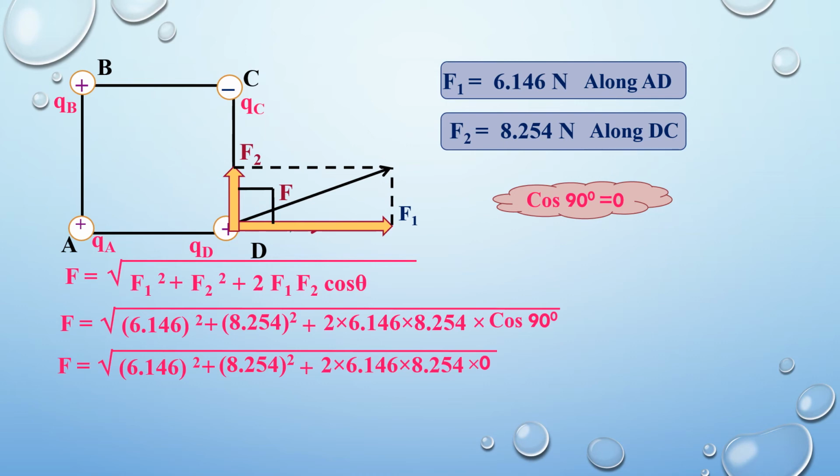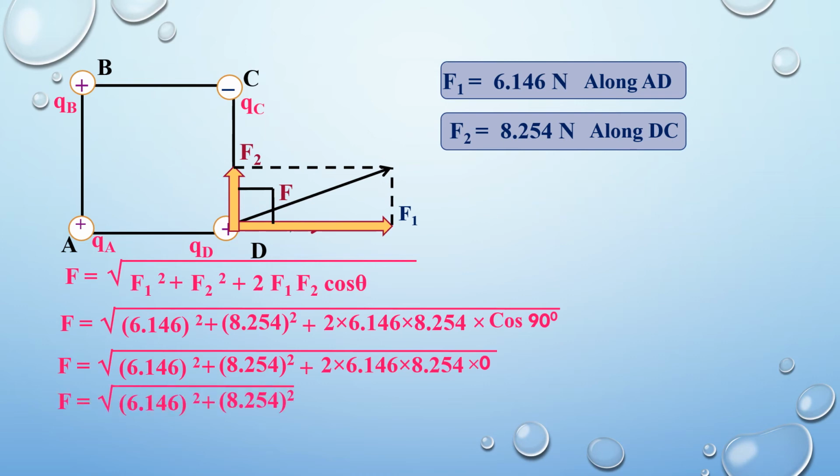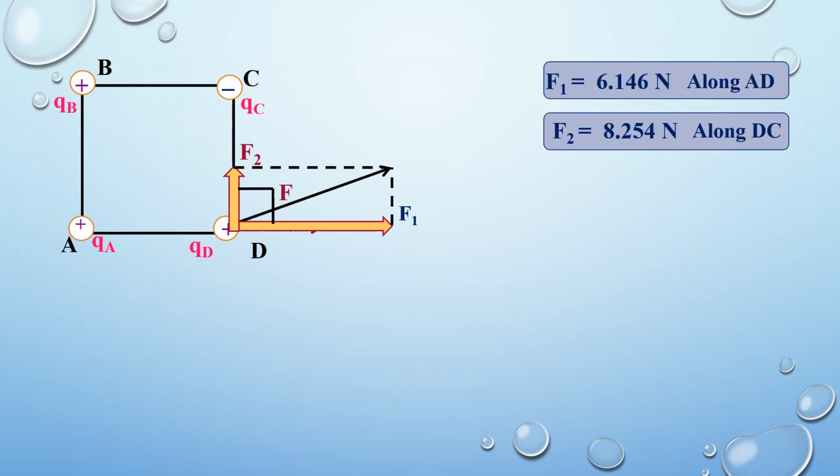So I get F is equal to root of 6.146 whole square plus 8.254 whole square, which should give me 37.77 plus 68.12. Find the root of this value, we should get it as root of 105.89, which is equal to 10.29 Newton, which happens to be the resultant force which is acting on D. So we have found out the resultant force.